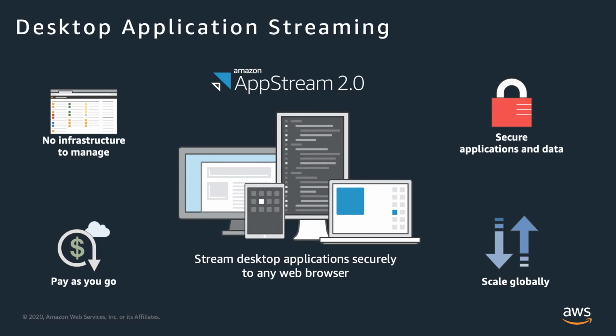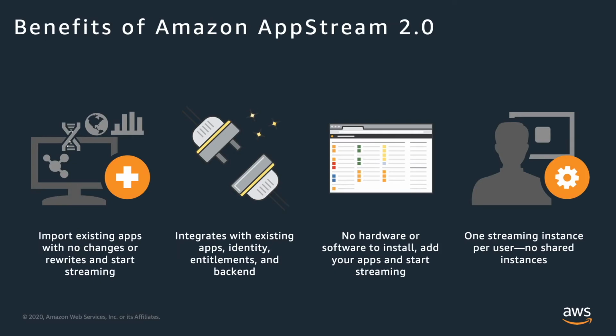AppStream is secure by default. There is no processing happening on end clients and no application data being stored on the end clients. Streaming pixels from the applications are sent down to the end client using the NICE DCV protocol, which supports end-to-end encryption.